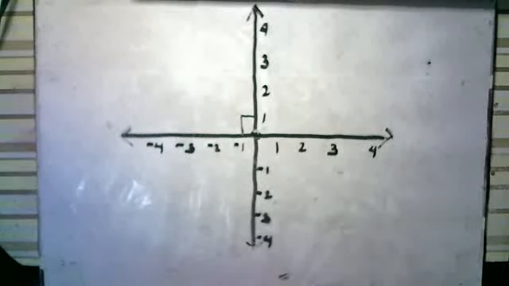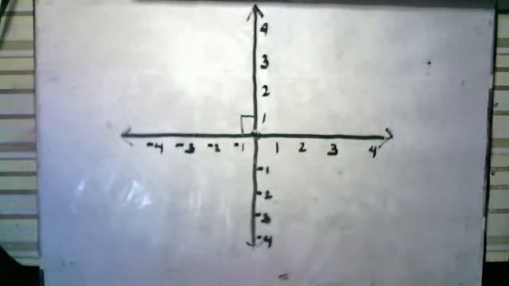And this vertical line, from 0, going up and going down from 0, will be your y-axis. We also have a name for the intersection point of the x-axis and y-axis, and that will be your origin. So, that will be your x and y axis.